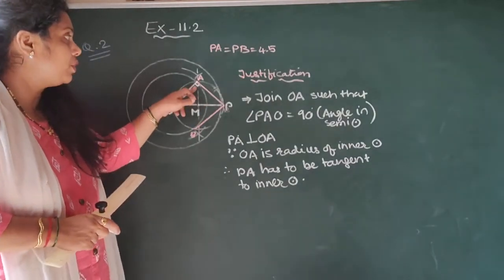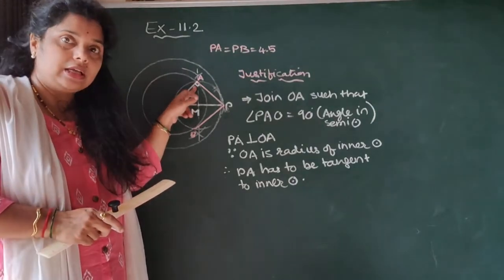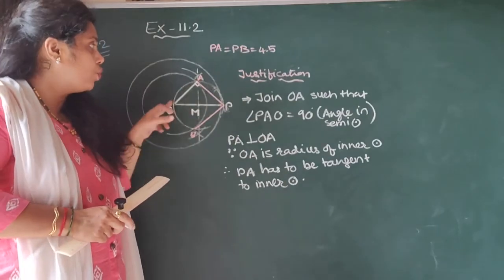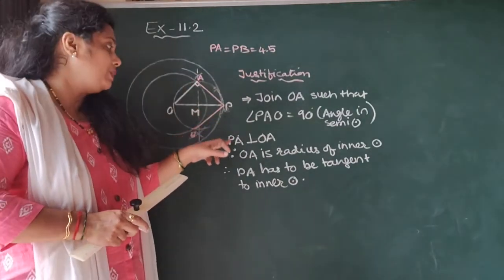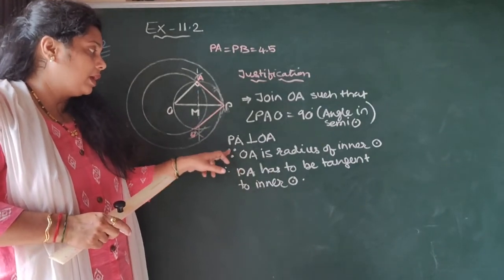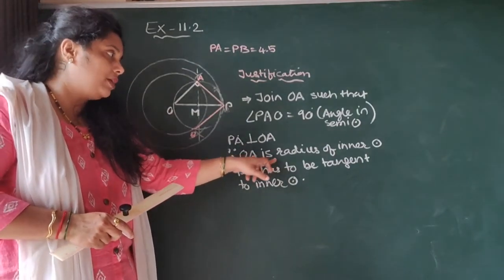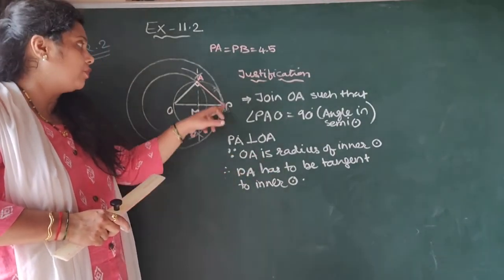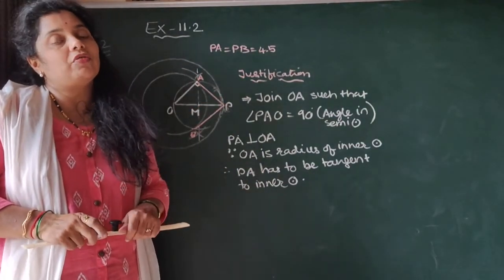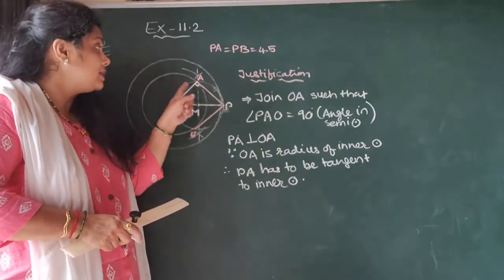So if this is 90 degrees, can we say that PA is perpendicular to OA? Yes, it is. PA is perpendicular to OA, and because OA is a radius of the inner circle, PA has to be a tangent of the inner circle.